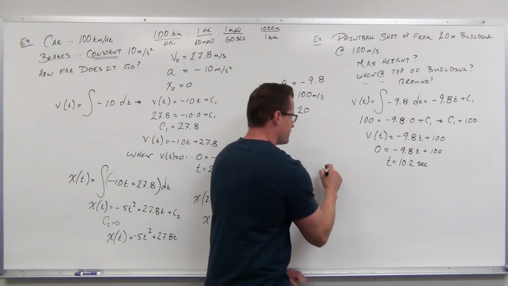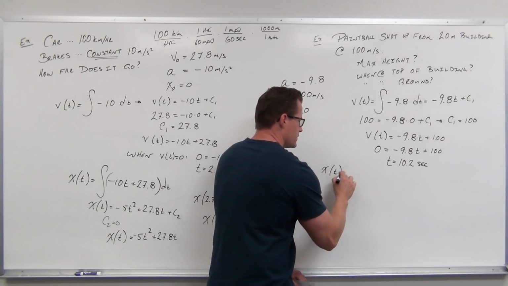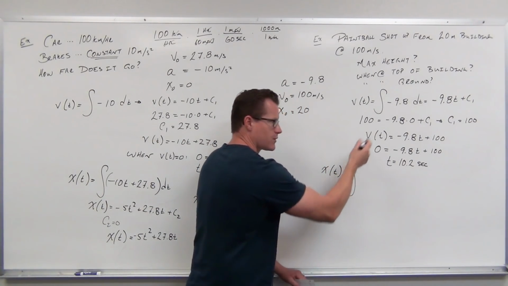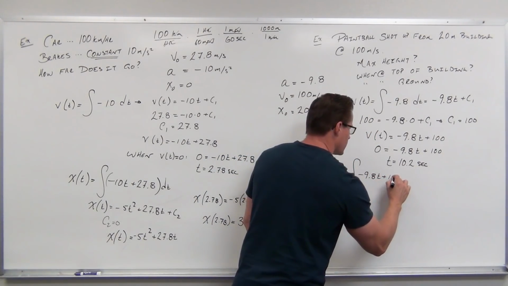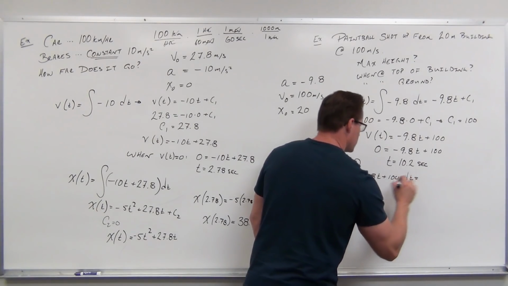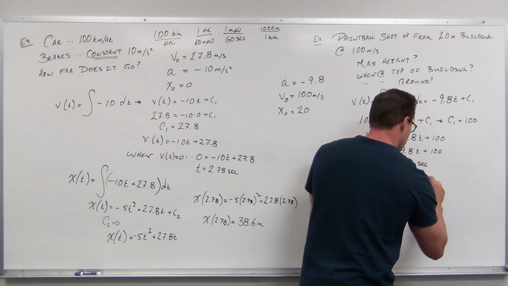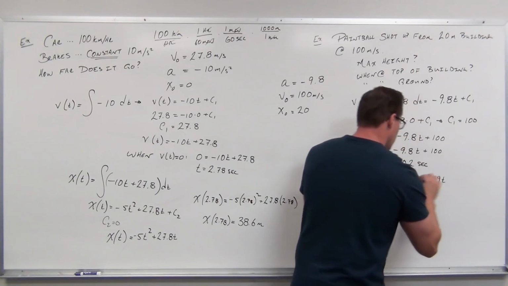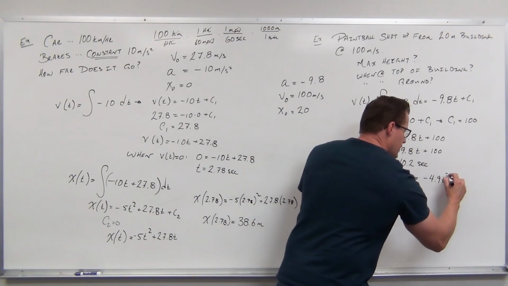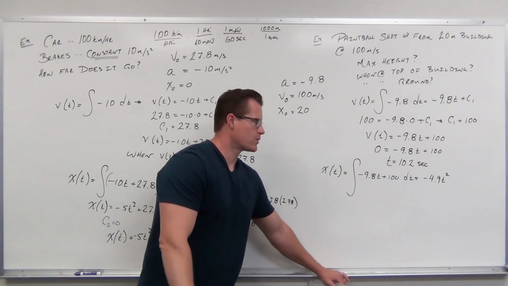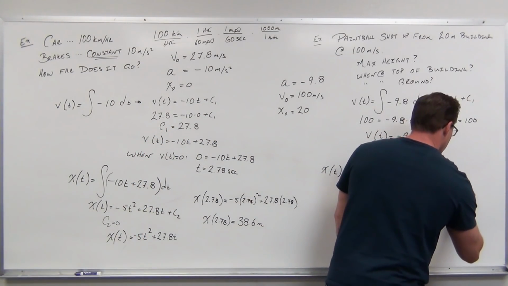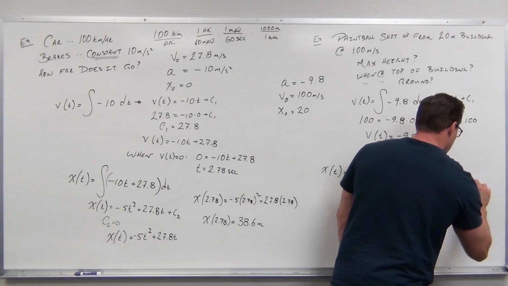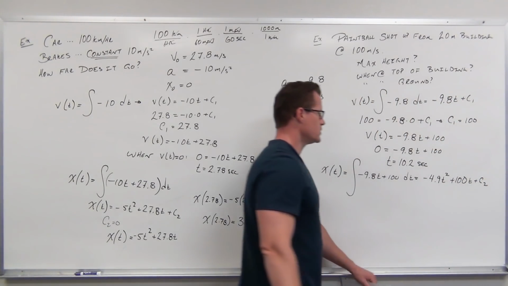So let's keep on going. Our position function is just the integral of whatever velocity you just found. So we're going to have negative 9.8t, we add 1 to the exponent, divide by 2, that's negative 4.9t squared, plus 100t, plus c2.